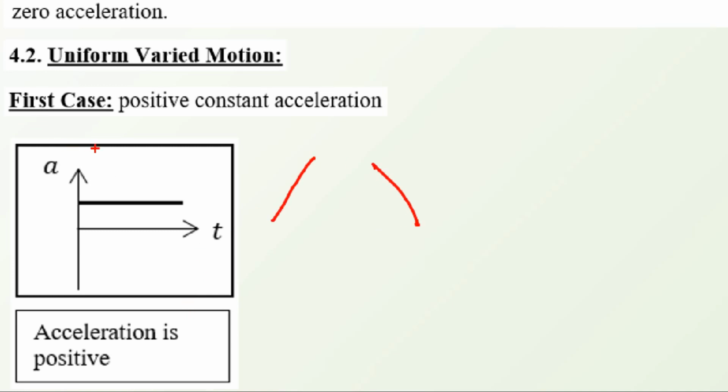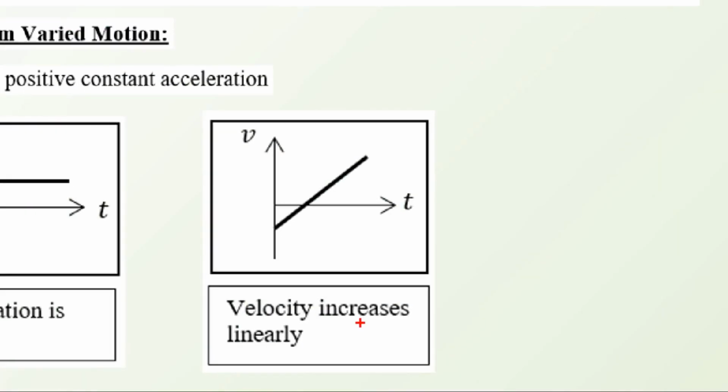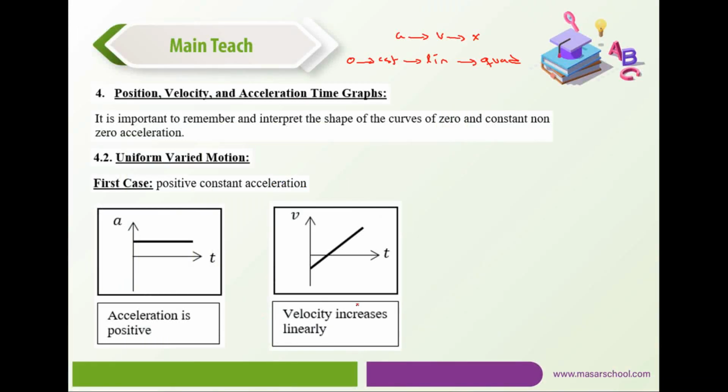Because if the acceleration is, for example, 2 meters per second squared, then the velocity is going to either increase or decrease at a rate of 2 meters per second each second. Because the acceleration is constant, the velocity is linear, a straight line. The acceleration is positive, so it's an increasing straight line. We could have represented it like that or like that, but the more general case is to start from a negative value.